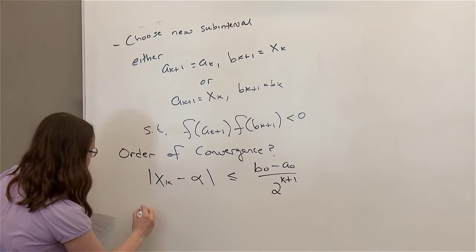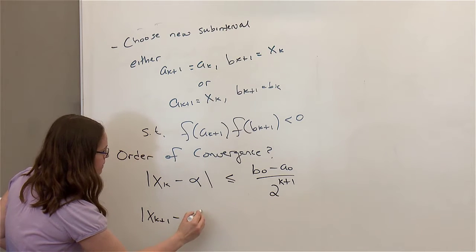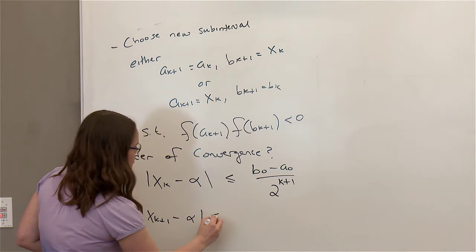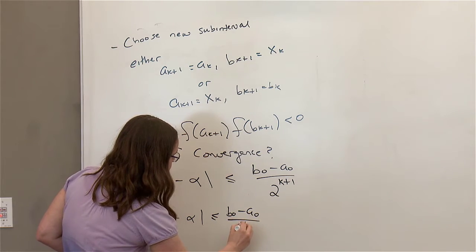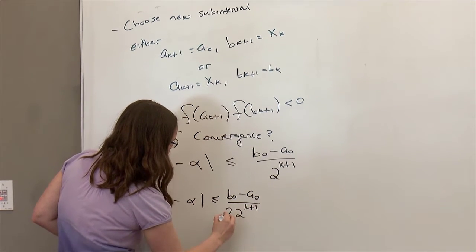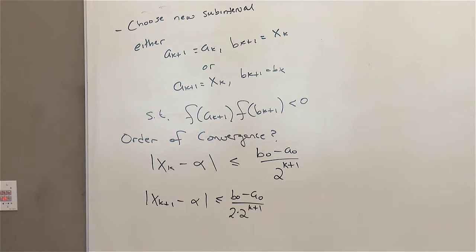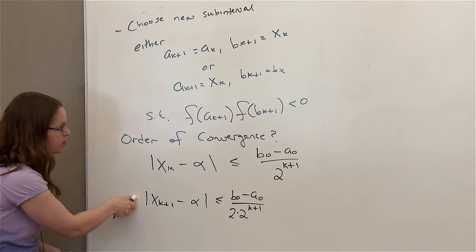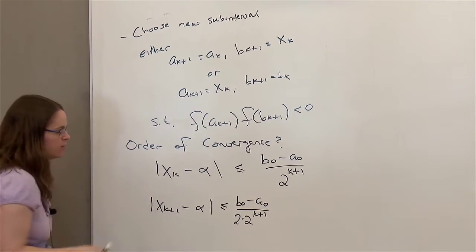So if we do that, well, xk plus 1 minus alpha is going to be bounded by the same thing, I'm going to write it like this, times another factor of 1/2. All right, and if I take this and divide it by this, I'm going to get a constant coming out, just 1/2.